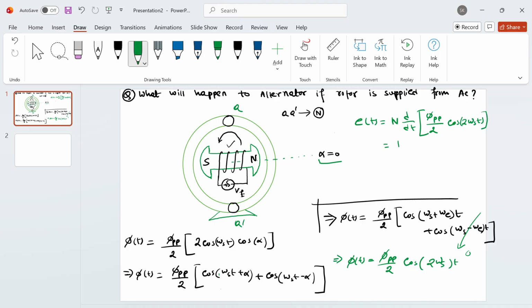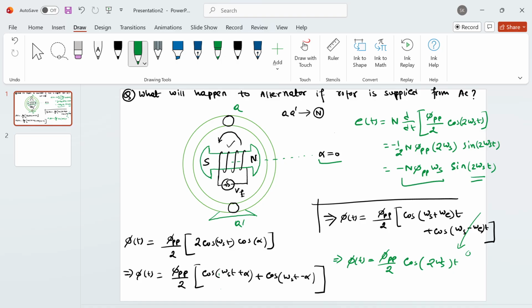So it will be half N flux per pole times 2 omega_s times minus sin 2 omega_s t, which is minus N flux per pole omega_s sin 2 omega_s t.